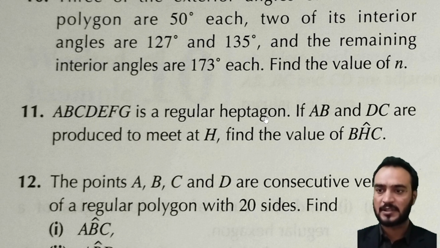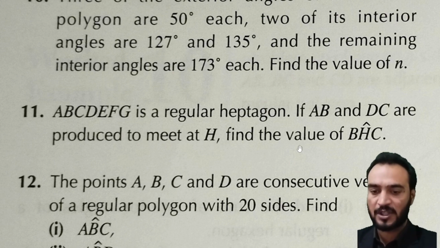If the sides AB and DC are produced to meet at H, find the value of angle BHC. We have to find this angle by producing the lines AB and DC, where these two lines intersect each other. That will be the point H, and we need to find the angle BHC.